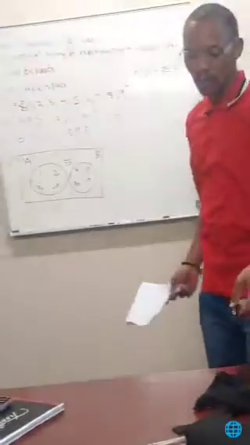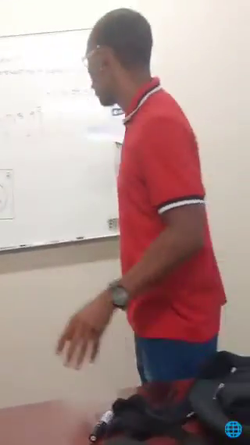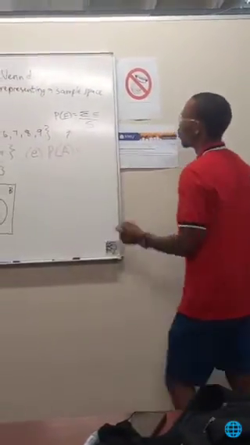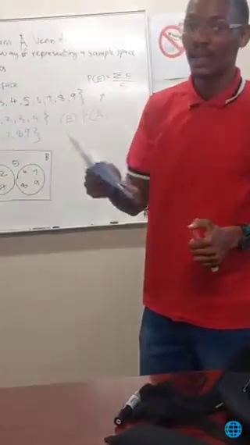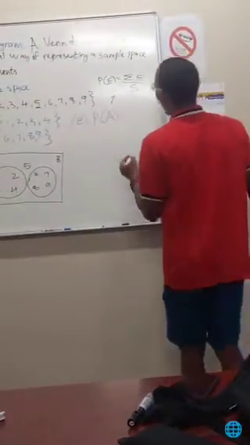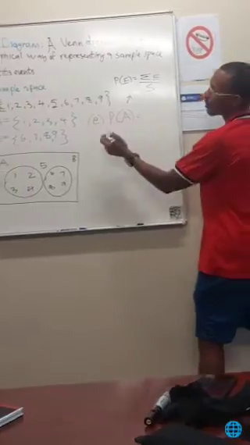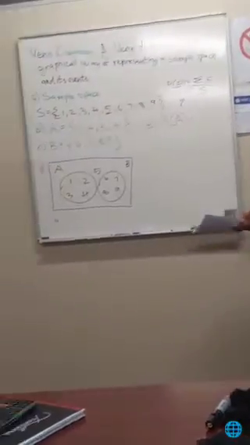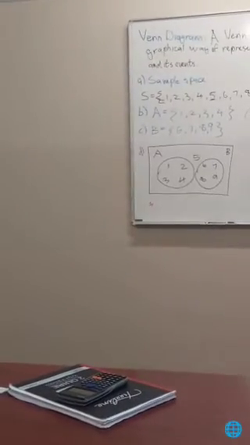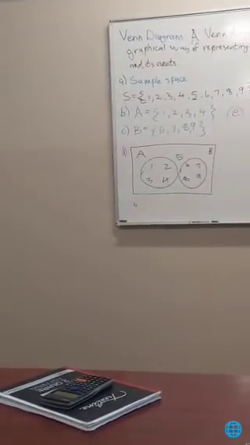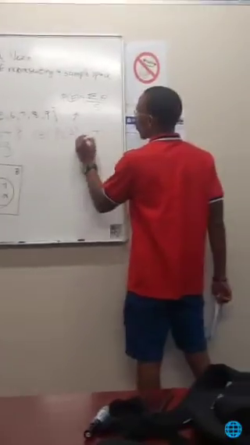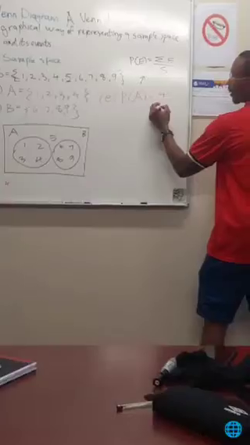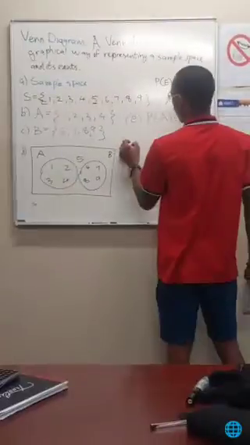This formula is not in your textbooks. I just came up with it to help you. So the probability of event A happening, what is the sum of our elements in A? 4. Yes, 4. Over our sample size, which is 9.